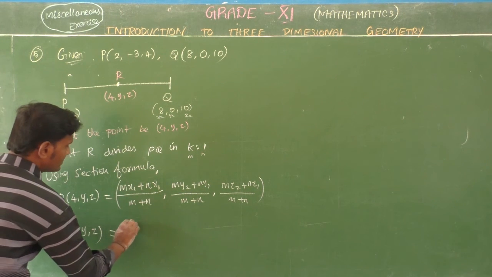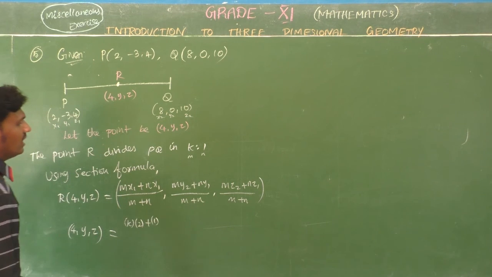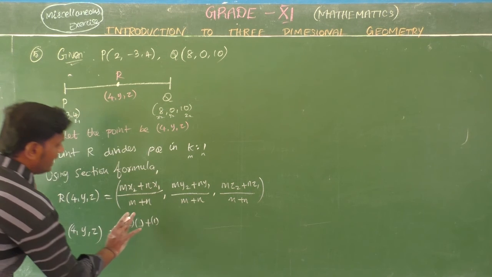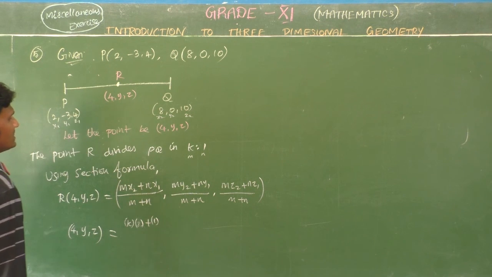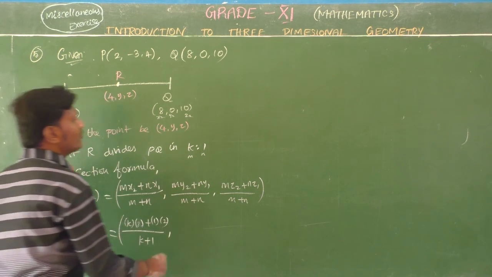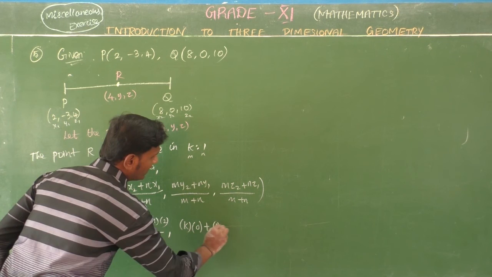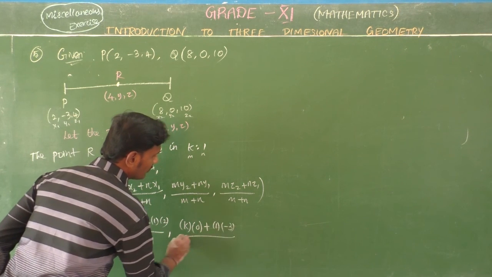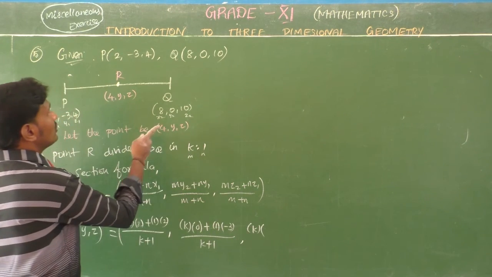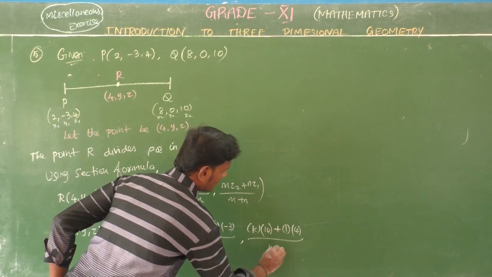So mx2 plus nx1: k into x2, which is 8, plus 1 into x1, which is 2, the whole divided by k plus 1, comma k into y2, which is 0, plus 1 into y1, which is minus 3, the whole divided by k plus 1, comma k into z2, which is 10, plus 1 into z1, which is 4, the whole divided by k plus 1.